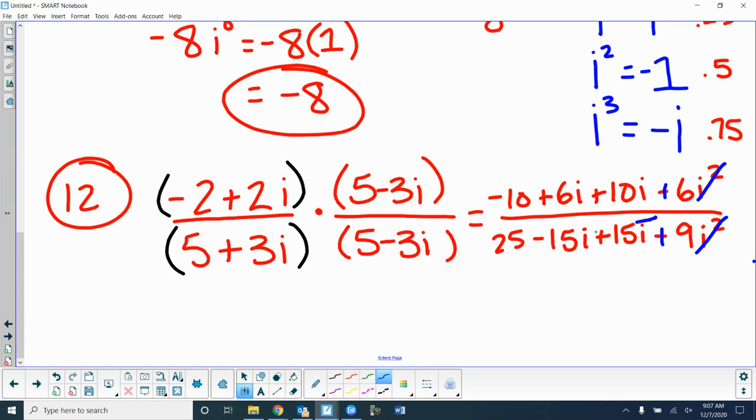Those are opposites, so they'll cancel. So it's always going to be the first term squared, the second term squared. 5 squared, 25, 3 squared, 9, and add. That's what we got here, 25 and 9. Okay? It's always going to work that way. So if you want to do the shortcut, save yourself some time, you can.